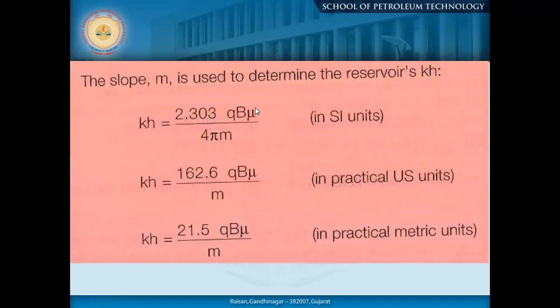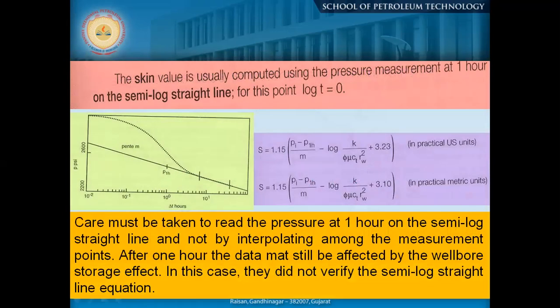If I just show you a graph, it would be very easy. It is a pressure semi-log plot. Pressure is in normal scale, and the x-axis is in log scale, del T in hours. The dotted line is the measured pressure, and after some time it follows a straight line.